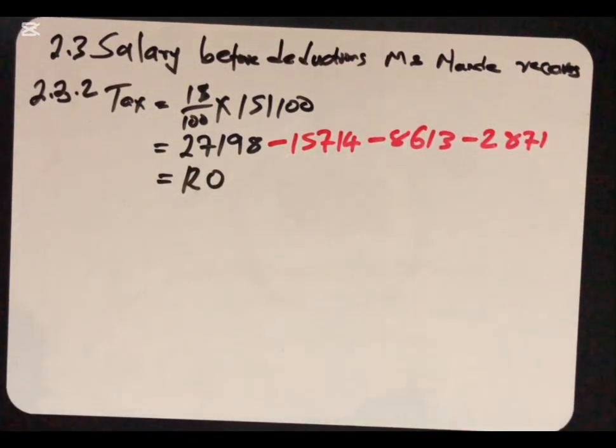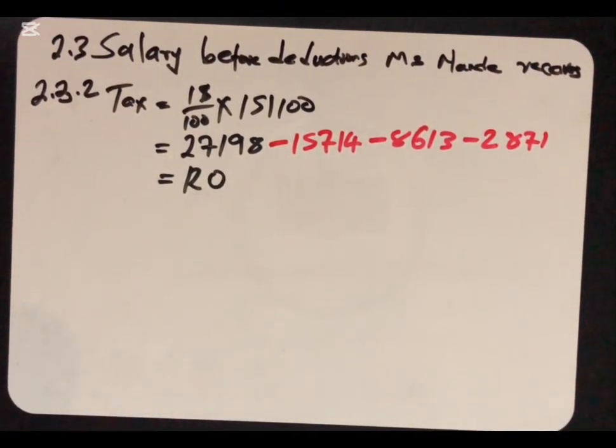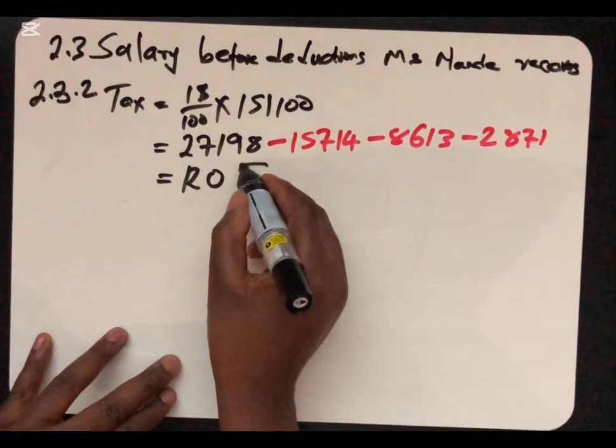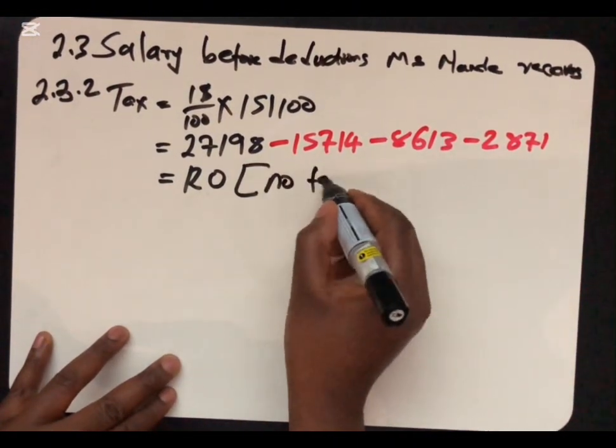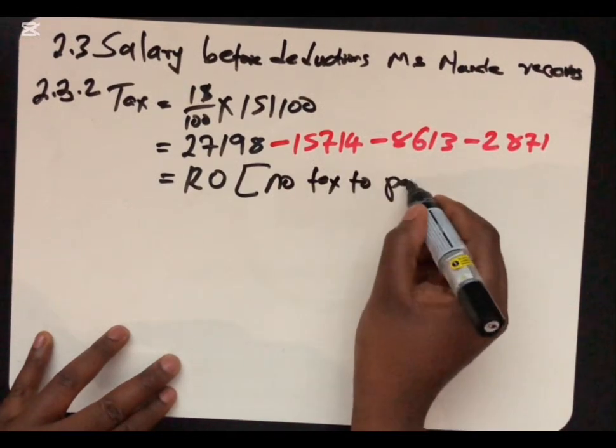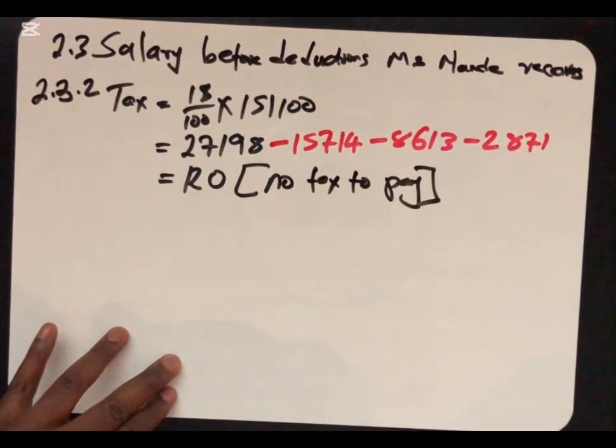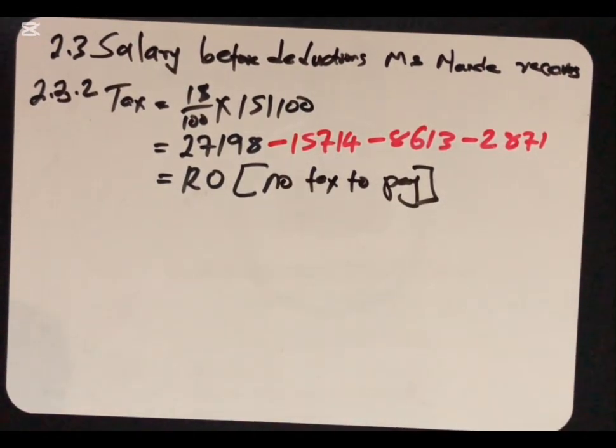This person is going to pay 0 rands for tax. So in that way, we have proved that there is no tax to pay. I believe everyone is fine and okay on this one.